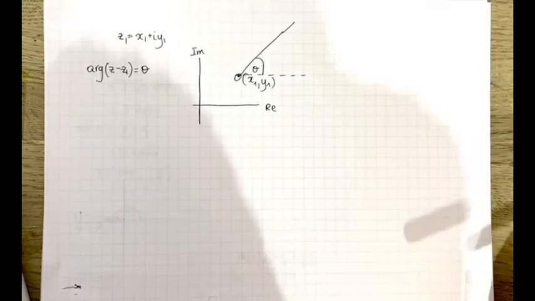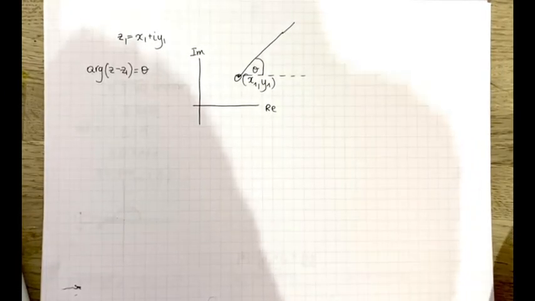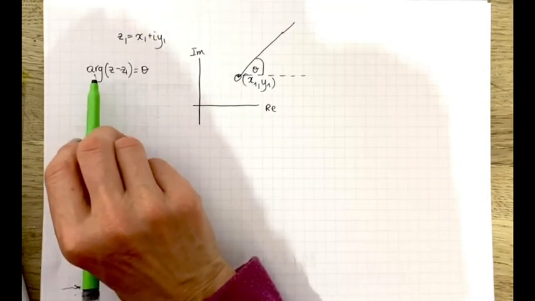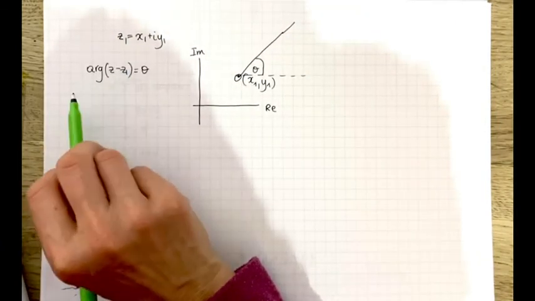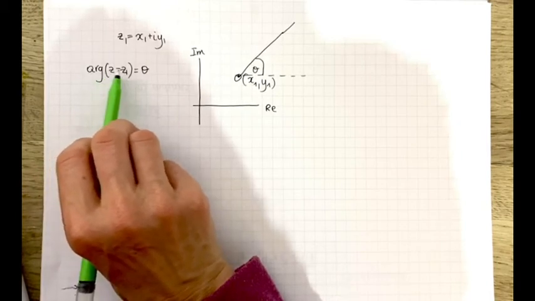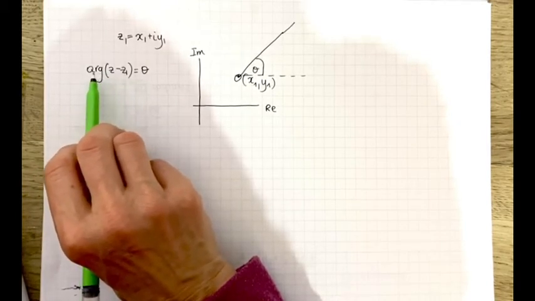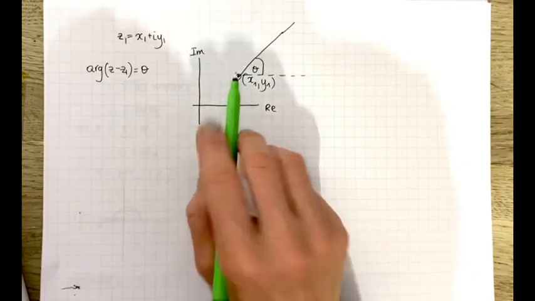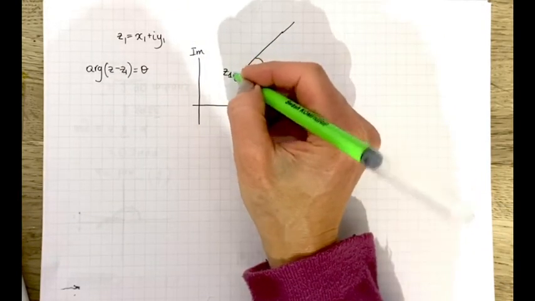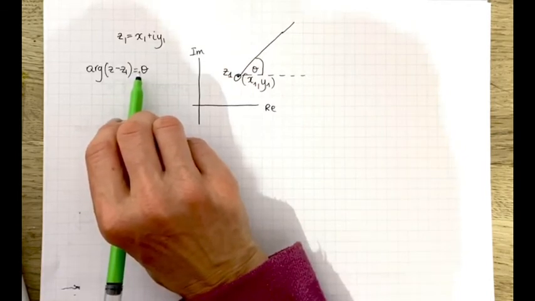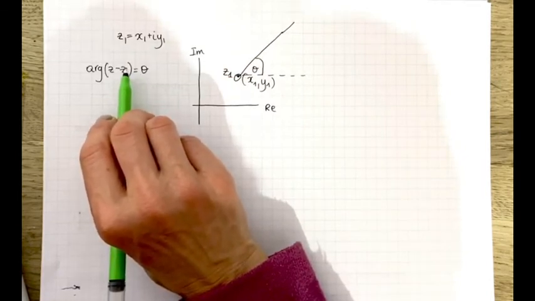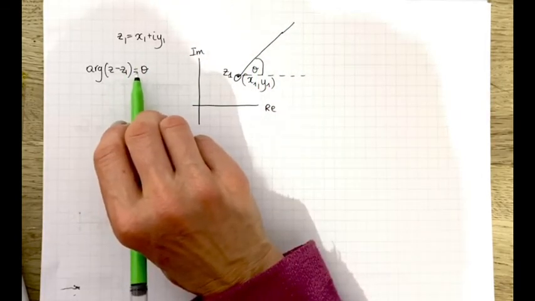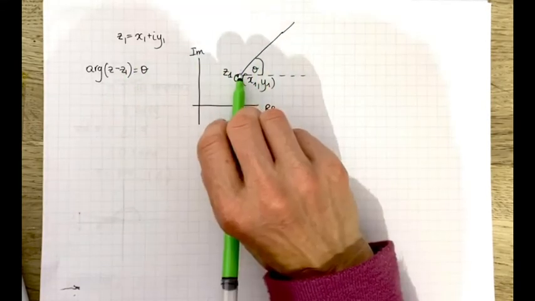Before we move on to example 15, we have to go through another equation. It's actually a half line. We've already met an equation of a half line, but this time this is argument of z minus z1, so it's been shifted to a point z1, and we are going to talk about all the points with an argument of theta from that point.